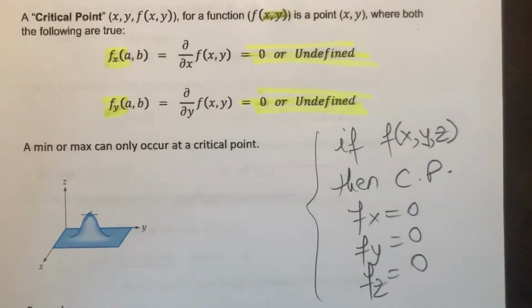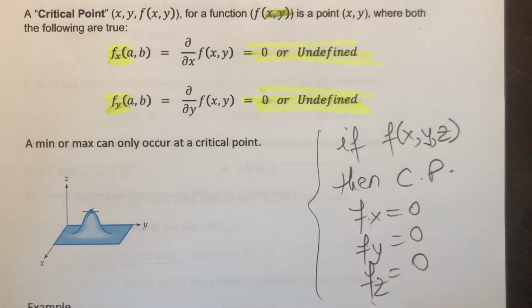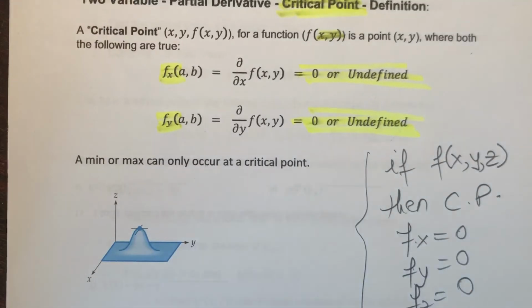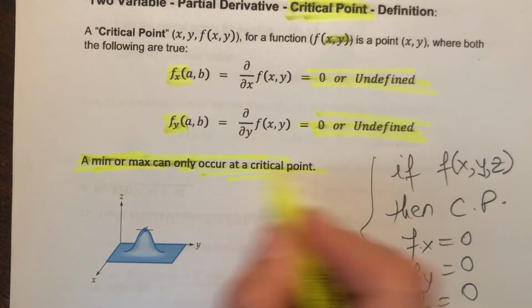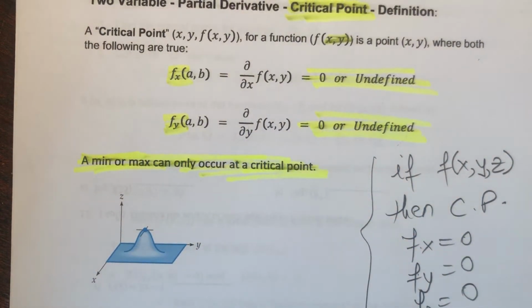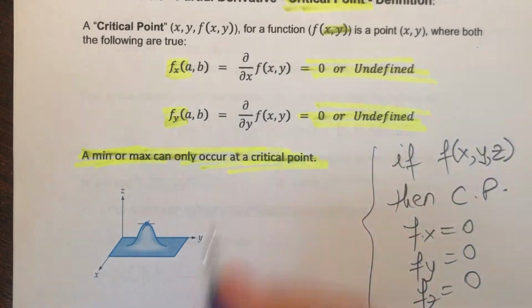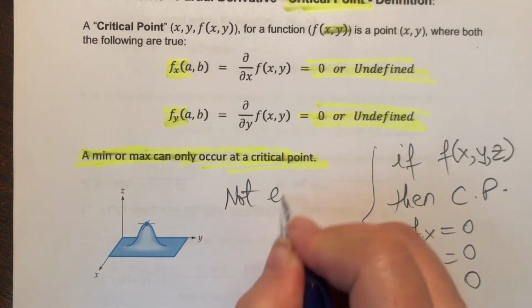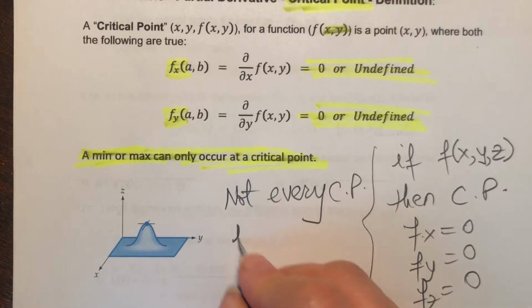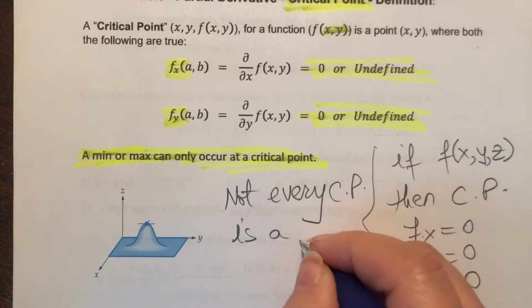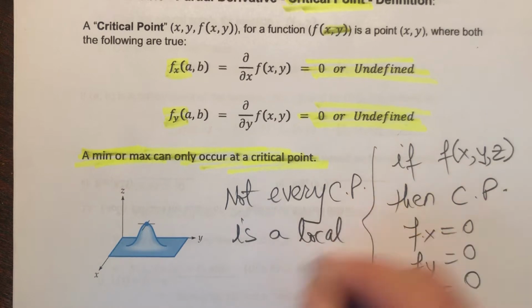So the first derivatives, no matter how many of those you need, will all have to equal 0, yes? Okay, so just as before, if you're looking for local minimums or maximums, they can only occur at a critical point. Though just as before, not every critical point is a local or relative min or max.